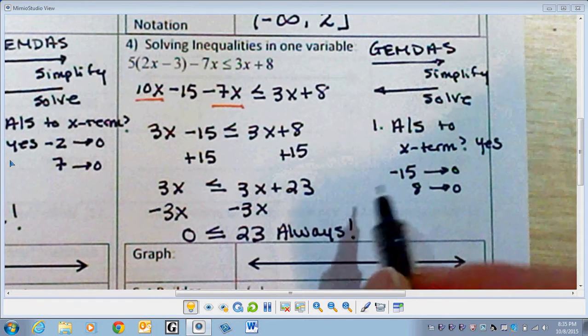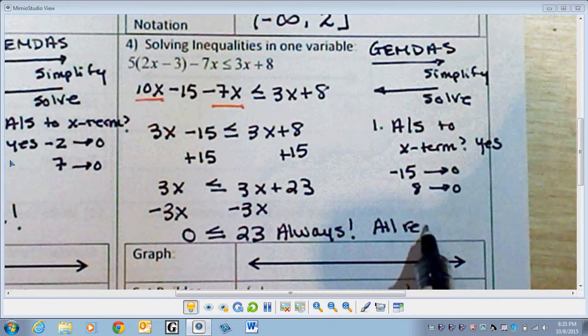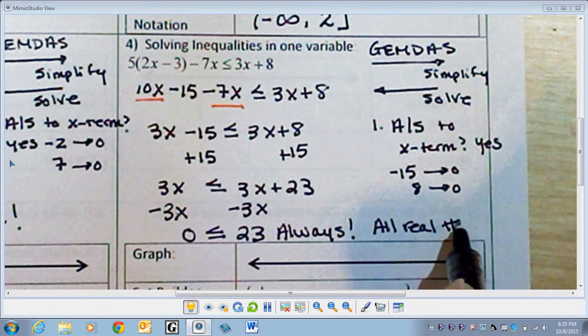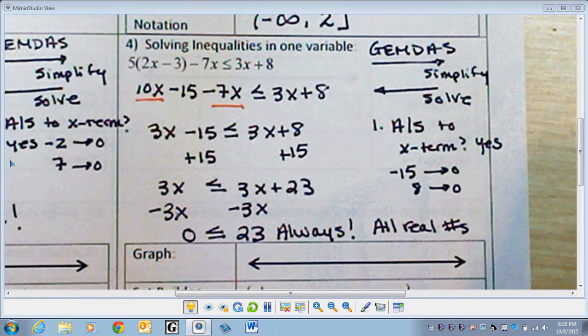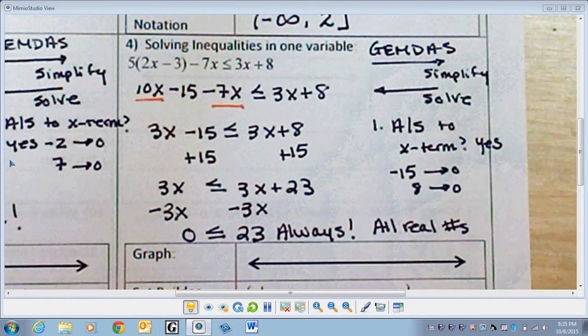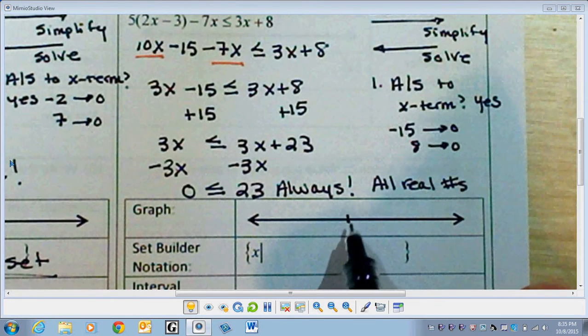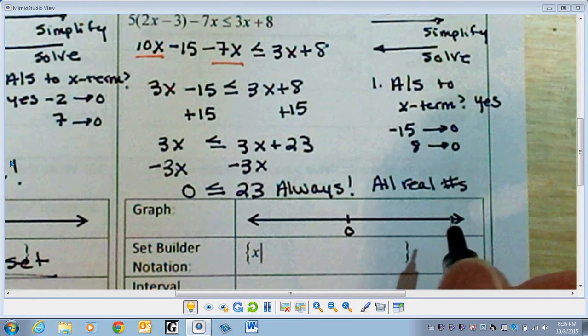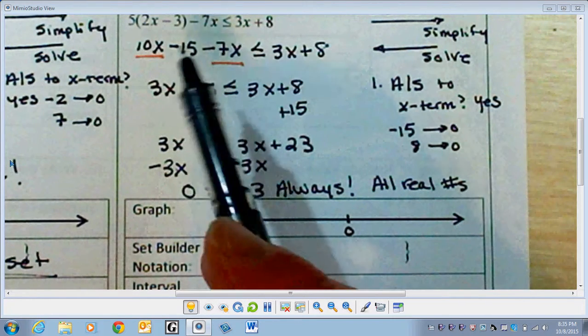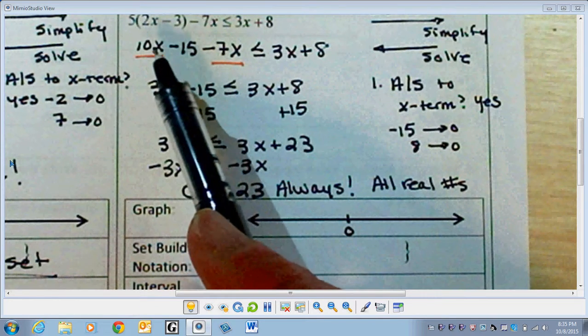So if it's always true, that means our answer is all real numbers. I'm going to use the pound sign to represent numbers. So when we get it always true, it's all real numbers. So what does that mean as far as our number line goes? I'm just going to mark a 0 here. So if I were to put 0 in for x, then I would get this. Let's just look at this.